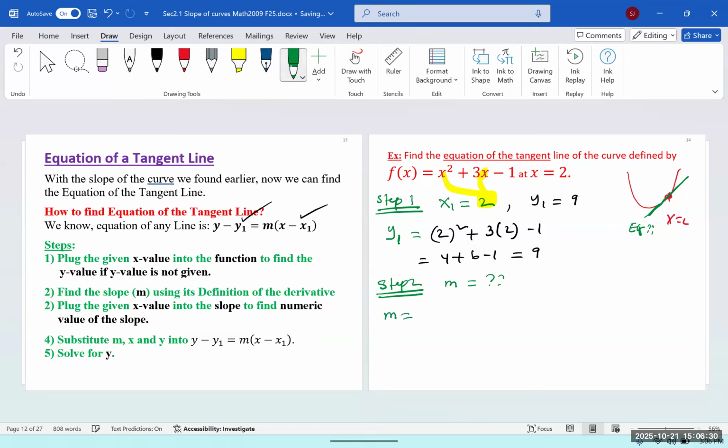So I should write slope equation, not the slope number. Slope equation is the limit as h goes to 0 of f of x plus h minus f of x, divided by h.